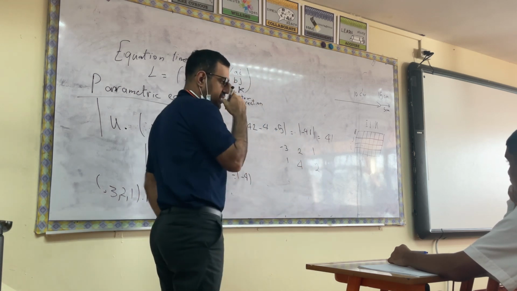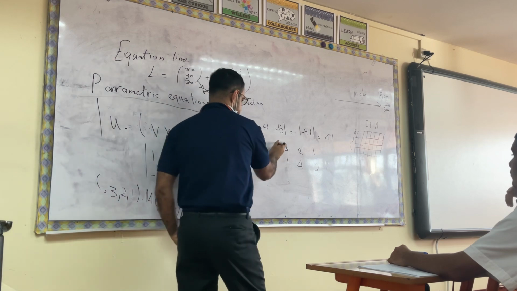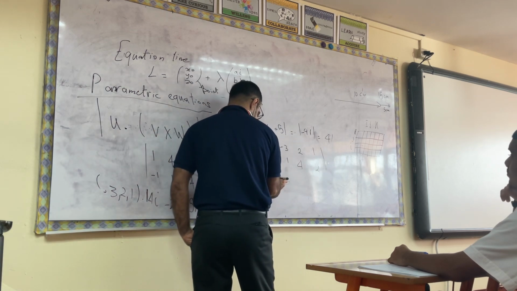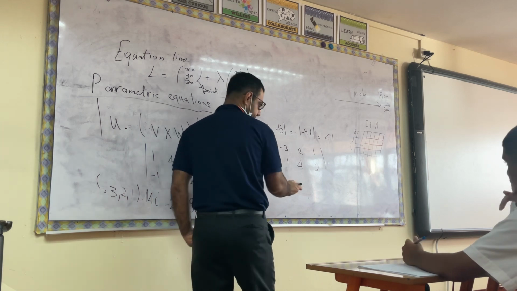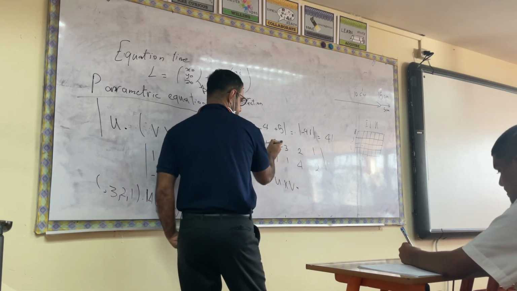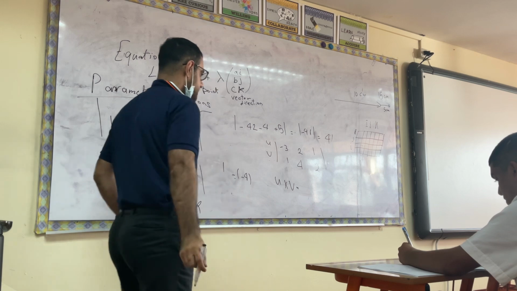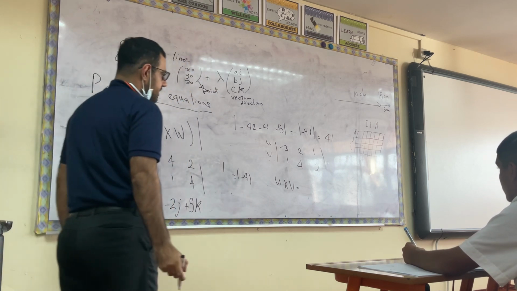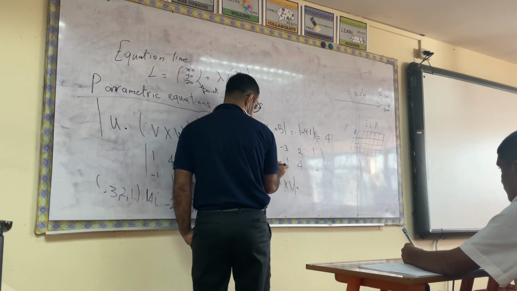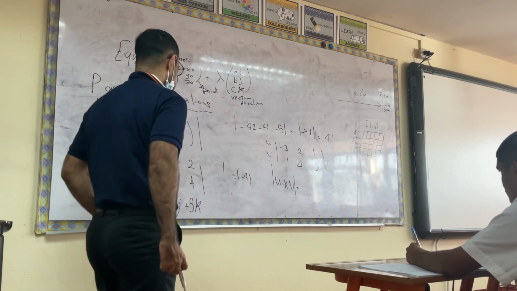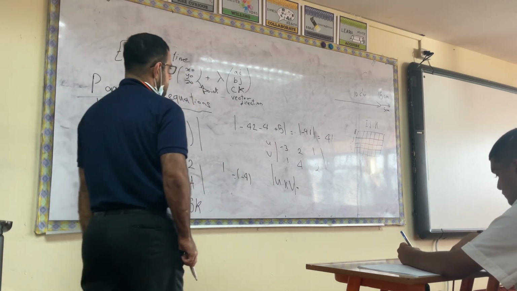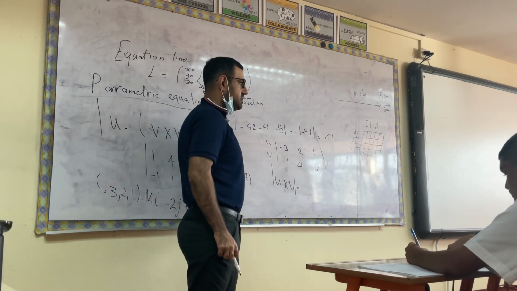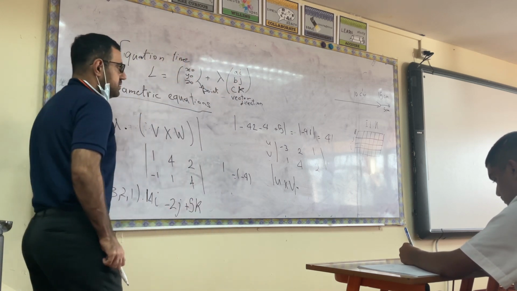So here I need to find the cross product, U times V. This is U, this is V. And again, it's magnitude. 2 to 4 minus 4.